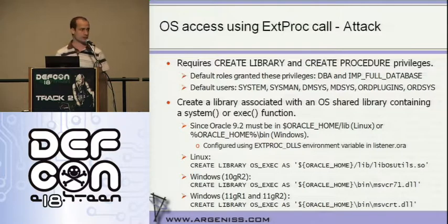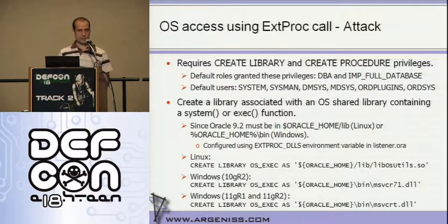An external procedure is a procedure that is stored in a dynamic link library, in a function in a dynamic link library. So we first need to create a library object in the database that points to an external DLL file.